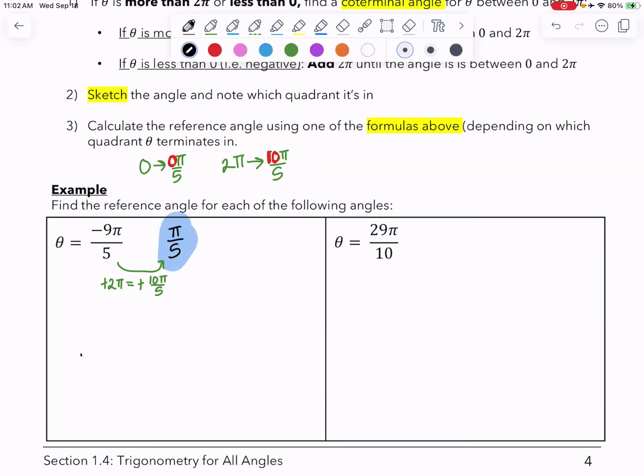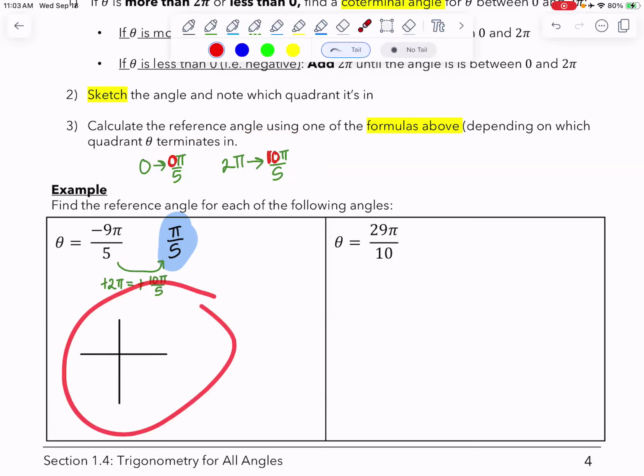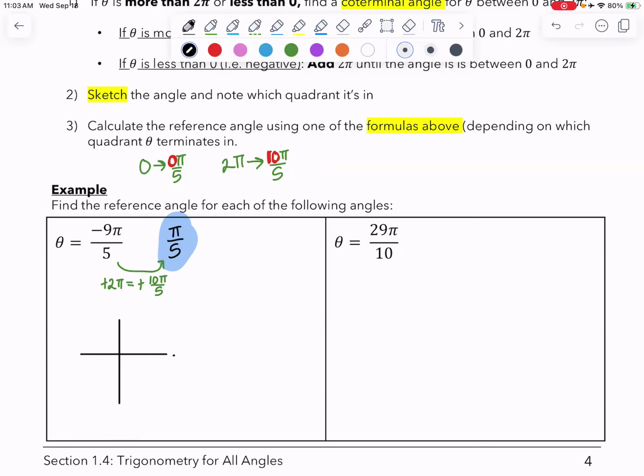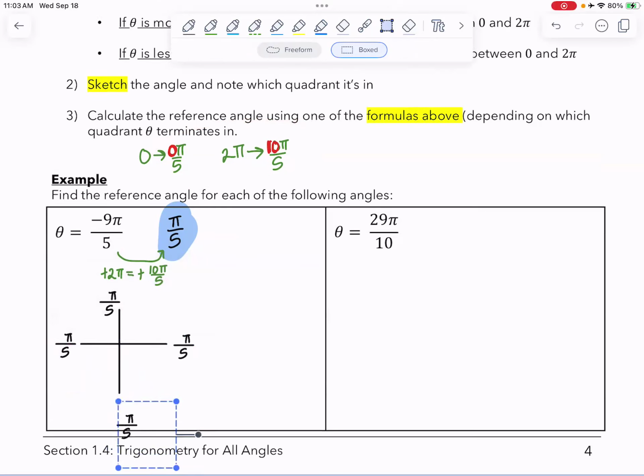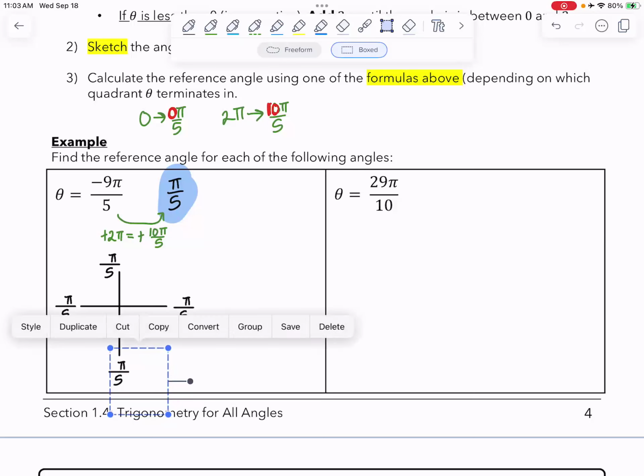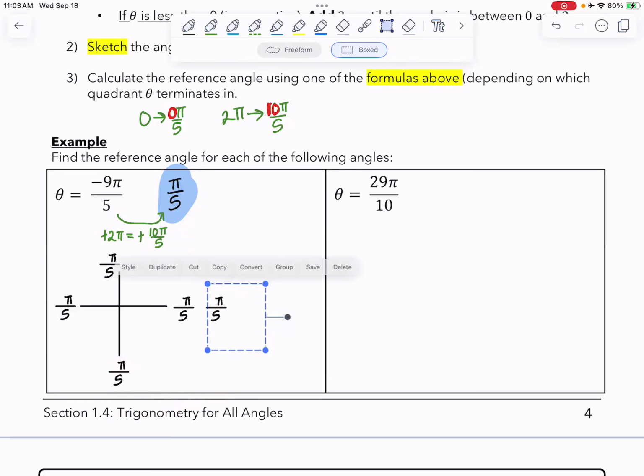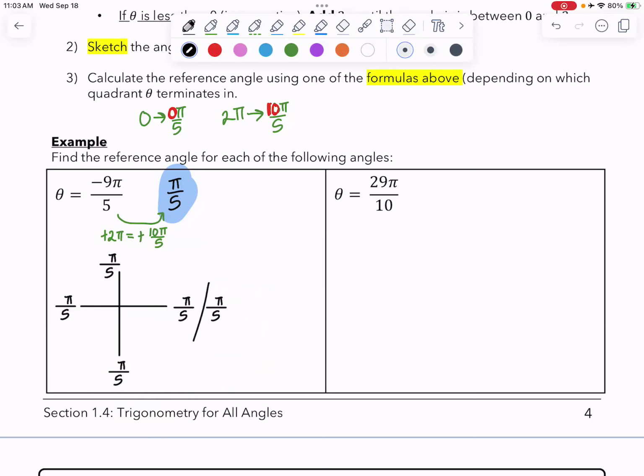I'm going to draw a picture. And just like the radian mental math we did in the previous video, I'm going to label this using denominators of 5. So let's see, something pi over 5. And then I'm using an iPad so I can just duplicate this quickly. All right.